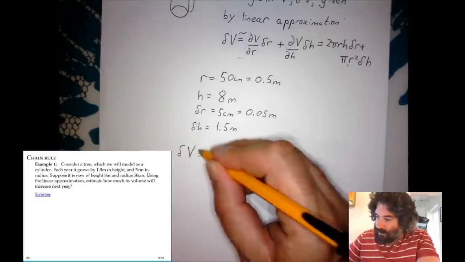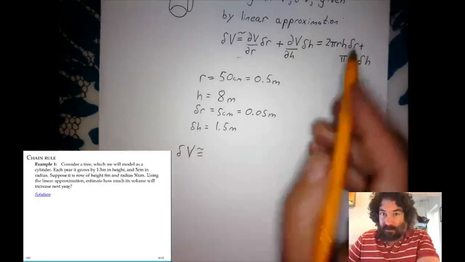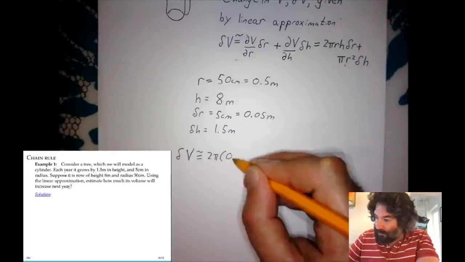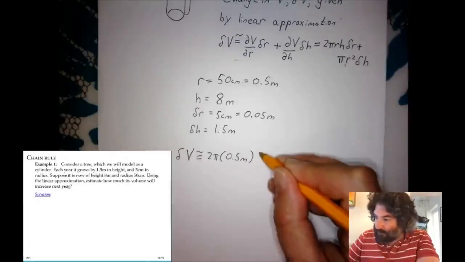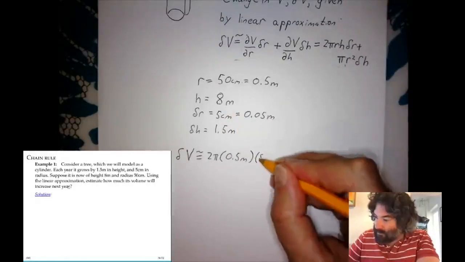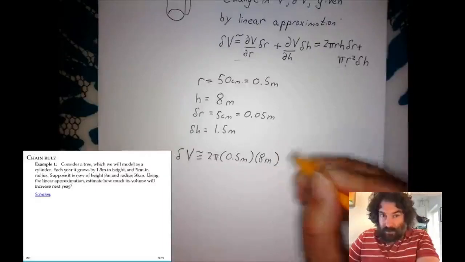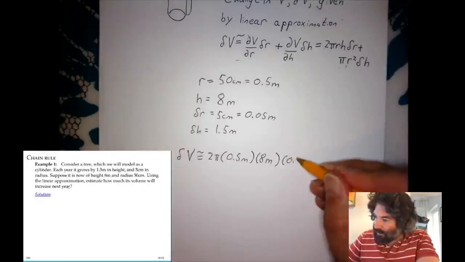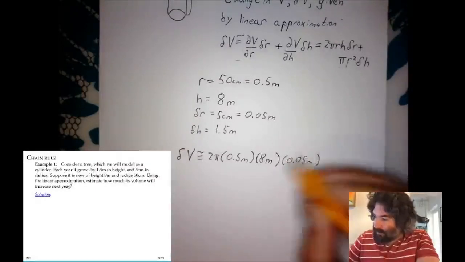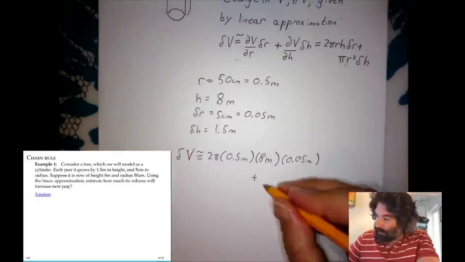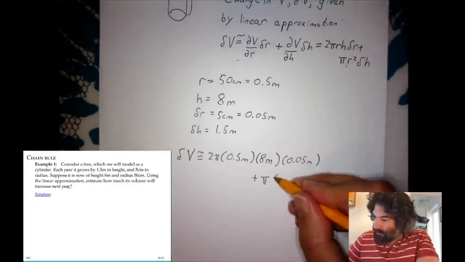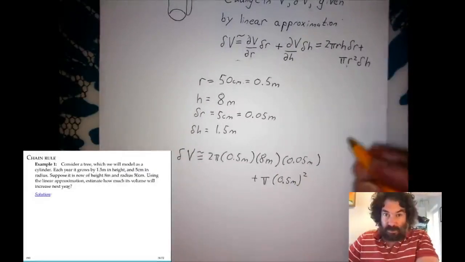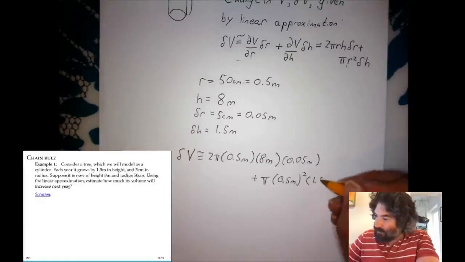So the change in the volume is approximately 2 pi times 0.5 meters times 8 meters times delta r, 0.05 meters, plus pi r squared, 0.5 meters squared, times the change in h, delta h, times 1.5 meters.